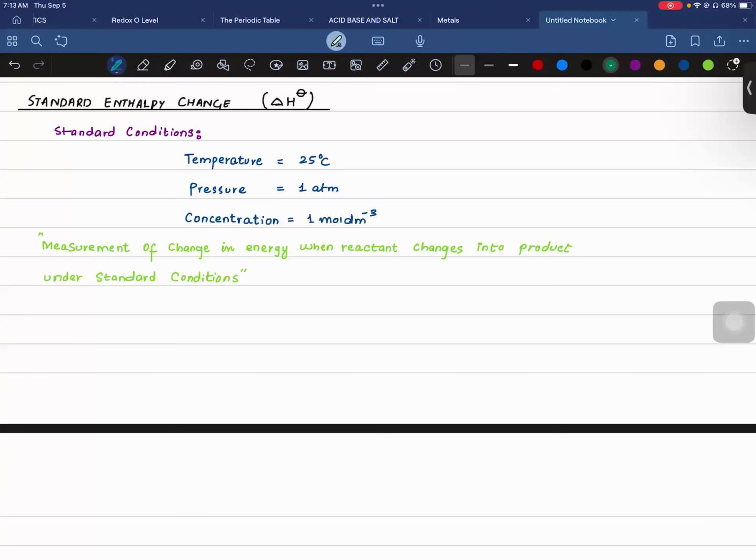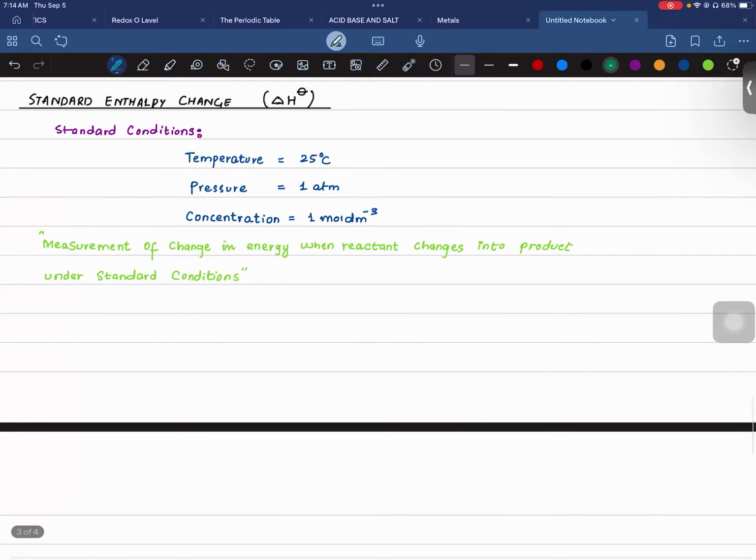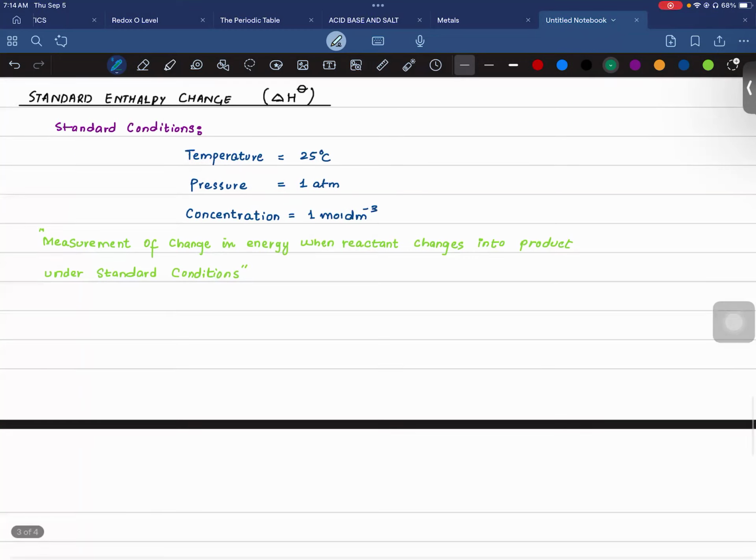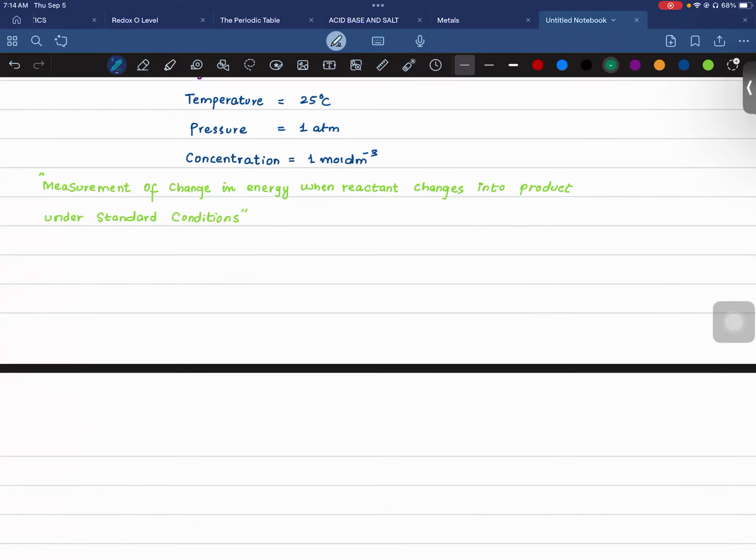Okay, so this is standard condition. We would be measuring energy change under these conditions. That's why this is called standard enthalpy change. We would be measuring different enthalpy changes.